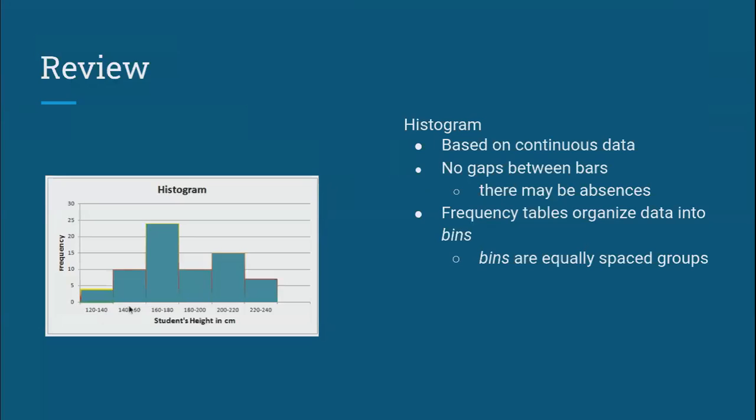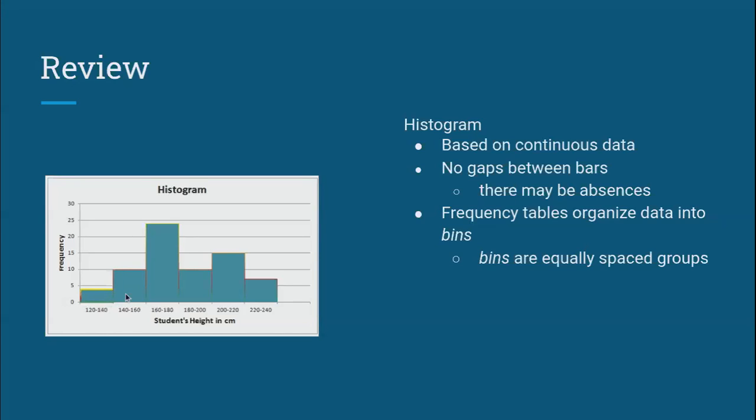And remember, when we are placing terms into bins, the high end gets counted in the next group. So that means these, let's say 4 people, their heights are between 120 centimeters and 139 centimeters.